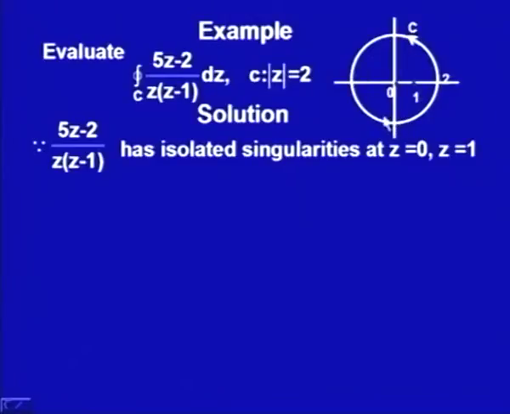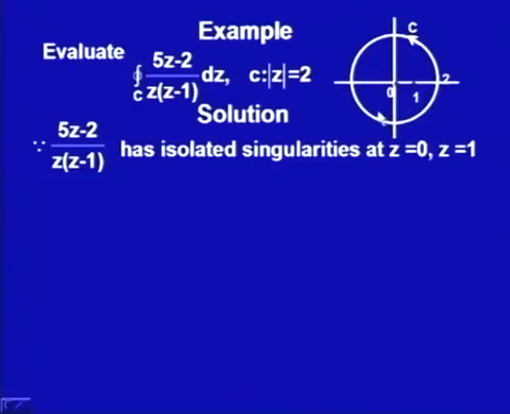The function is analytic everywhere except at the two points 0 and 1, which are isolated singularities, and moreover simple poles.